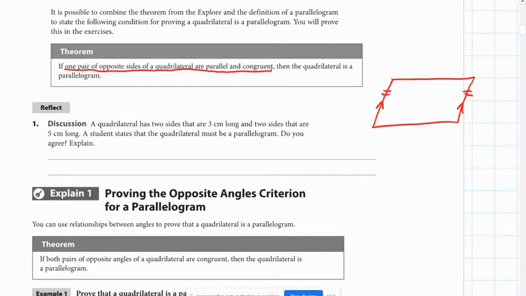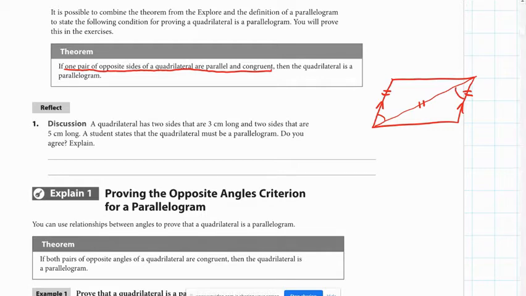You can kind of imagine how you would go about proving that. Again, if you drew a diagonal, then that would be a shared side. Because of the parallel lines, we have alternate interior angles that are congruent. Then we end up with these two triangles being congruent by SAS.